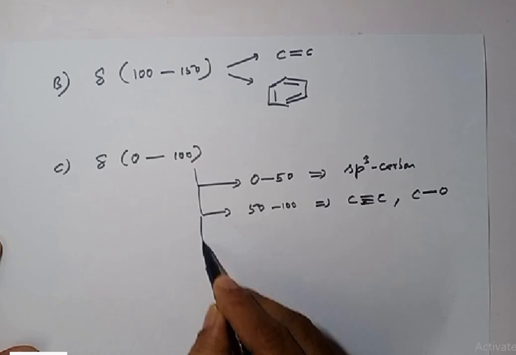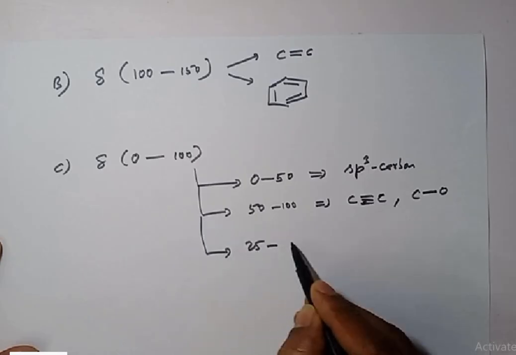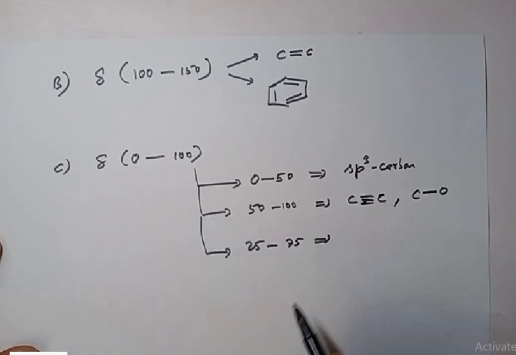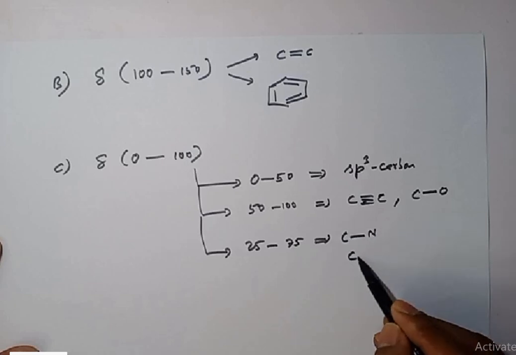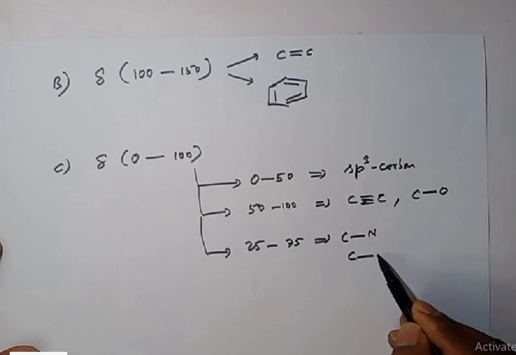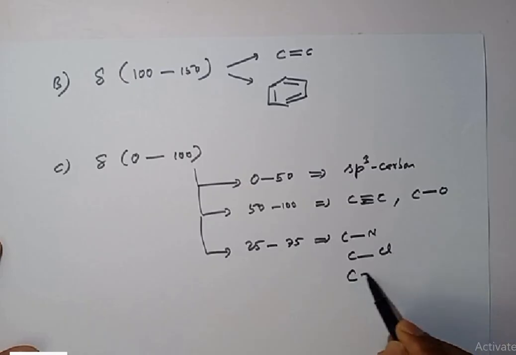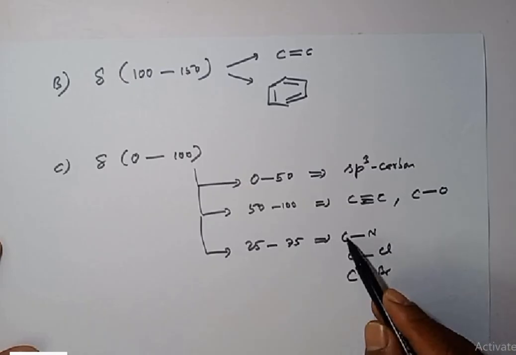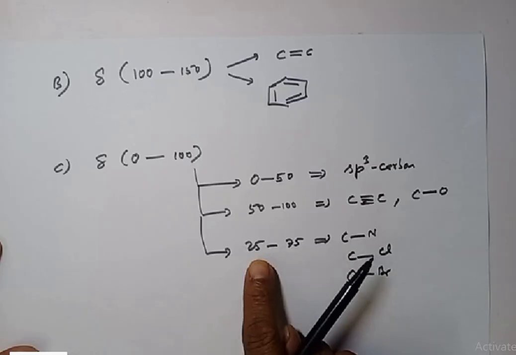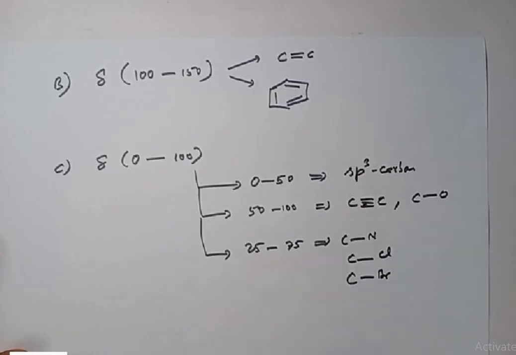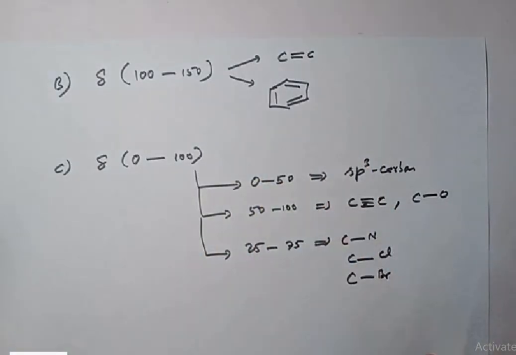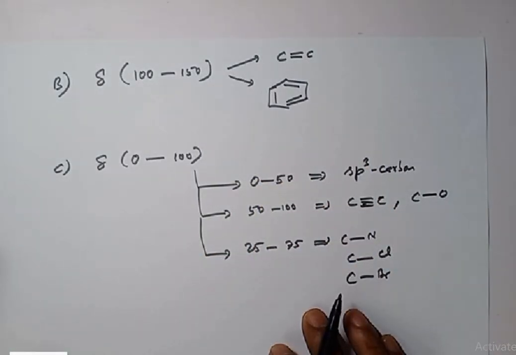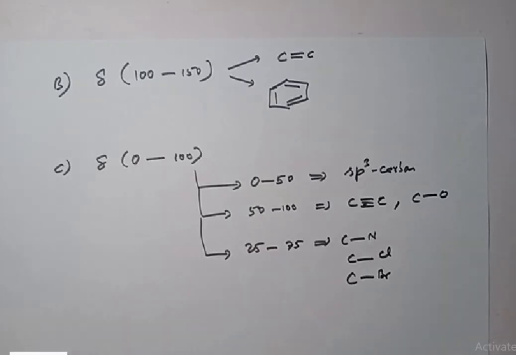Then from roughly 25 to 75 ppm, we have carbon atoms single bonded to nitrogen, carbon atoms connected to chlorine, and carbon atoms connected to bromine. These are all some usual ranges for different compounds. Keep this in mind.